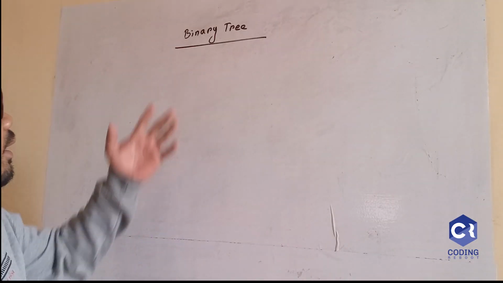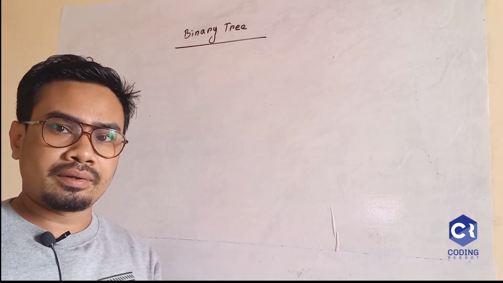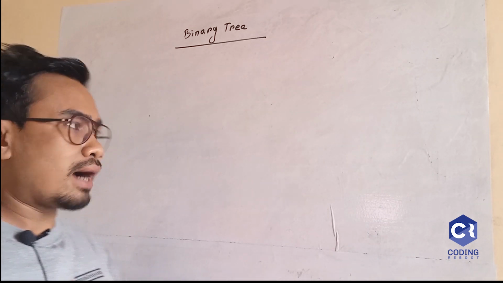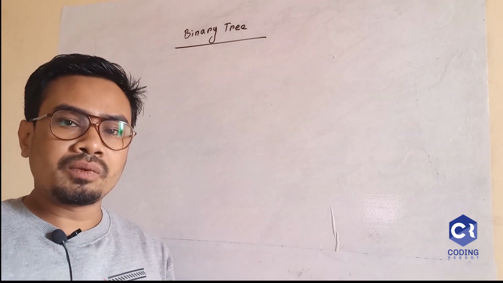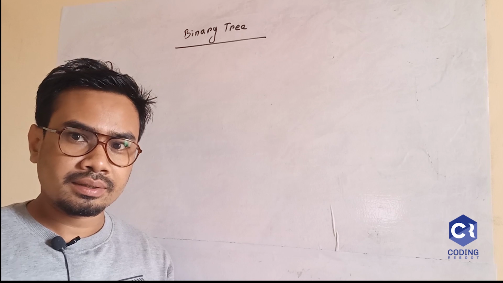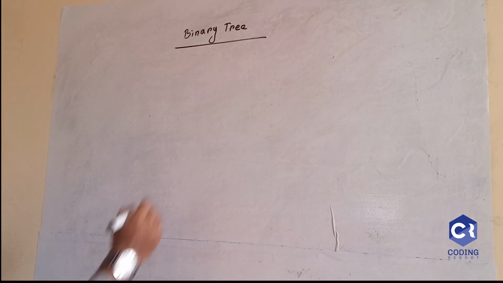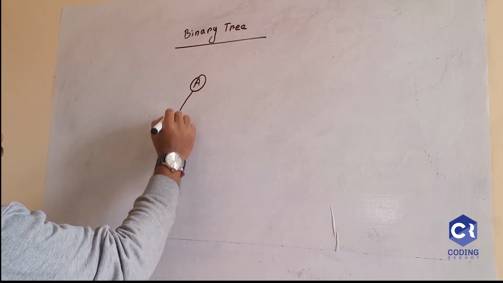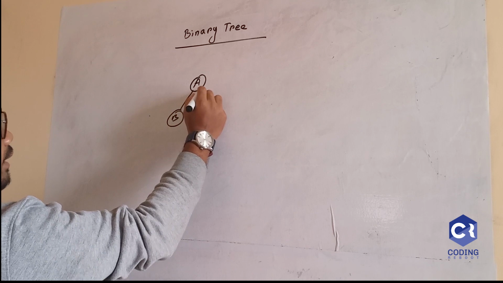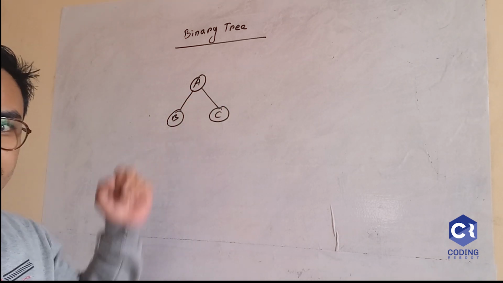Now we are going to learn about the binary tree. We have already learned about the degree of a node. A tree is defined as a binary tree if it has a degree of at most 2. For example, this is node B with a left side and C. This is a binary tree.